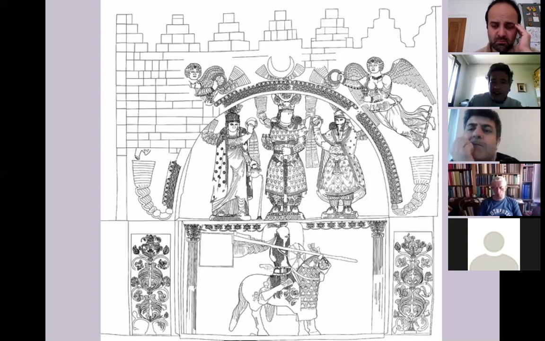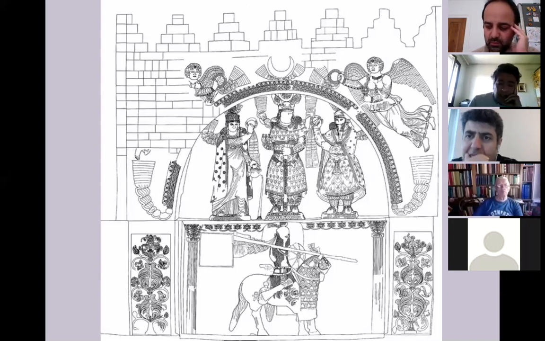If this Taq-i Bustan is sometimes called the Arch of Bastam, who is this Bastam? Well, actually, in one text from the Islamic period, which is dated to the 12th century, we have some explanation.